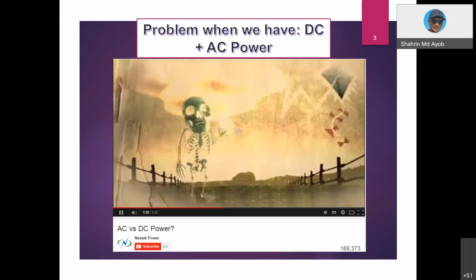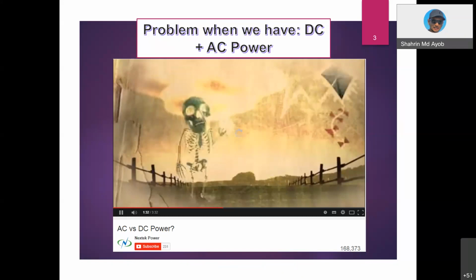But our socket outlet at home provides AC power, so we need to convert it. For our computer and television to turn on, we need a conversion from the AC power from the socket into DC power. That conversion requires extra electronic equipment built inside your computer and television just for power conversion, and that power conversion creates losses.